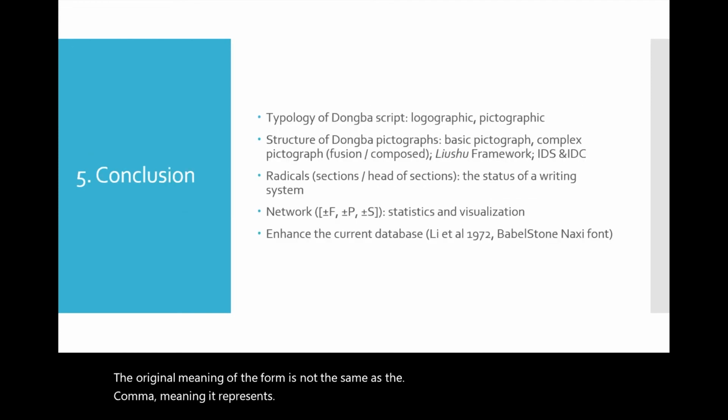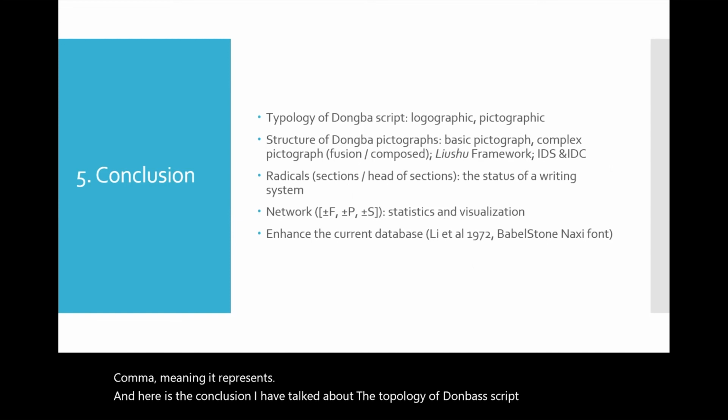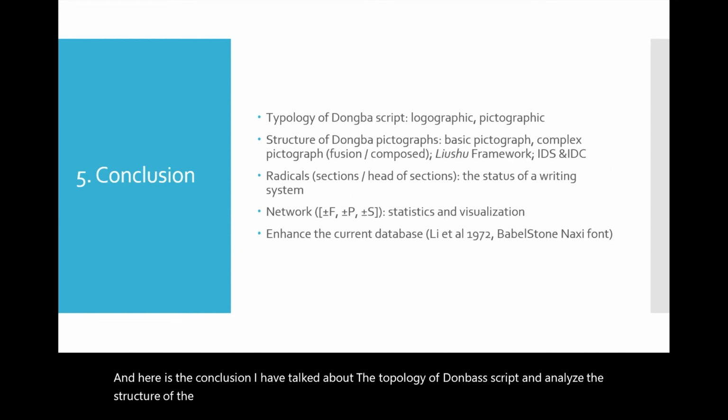And here is the conclusion. I have talked about the typology of the Dongba script and analyzed its structure from 3 different dimensions. This work is also a check of the current database of Dongba script, and it contributes to enhancing the database.